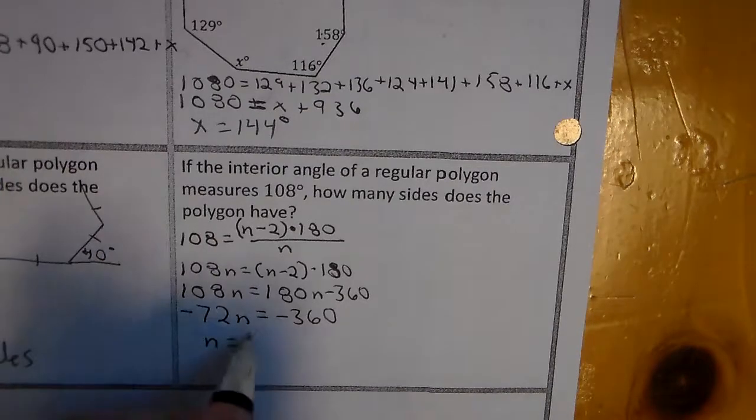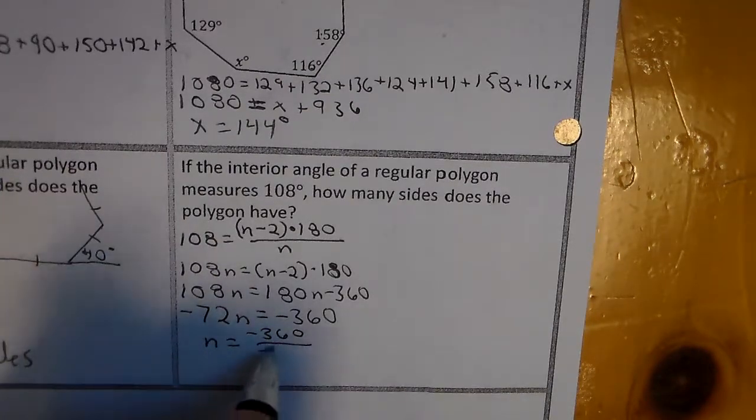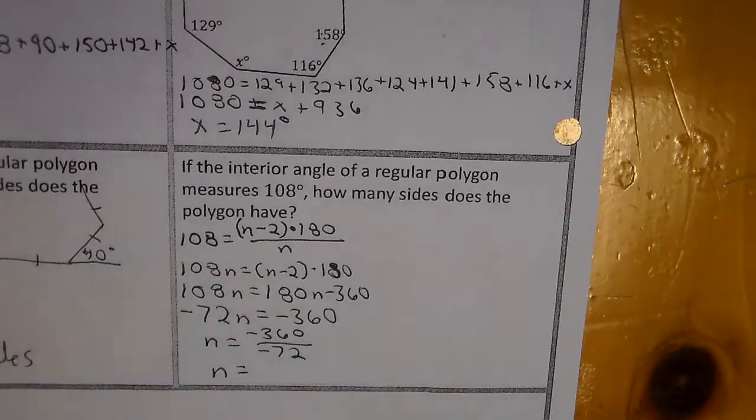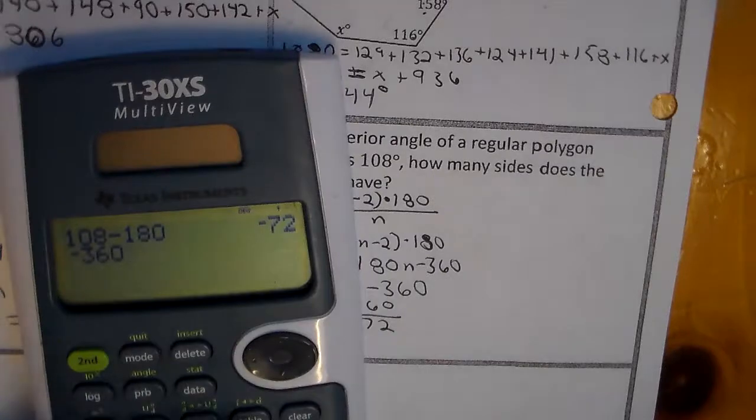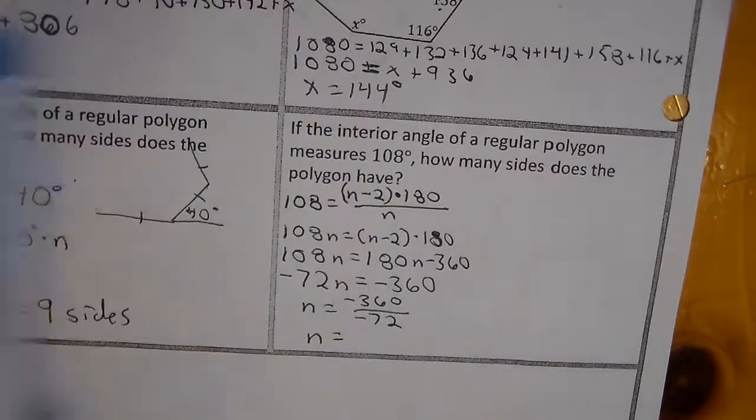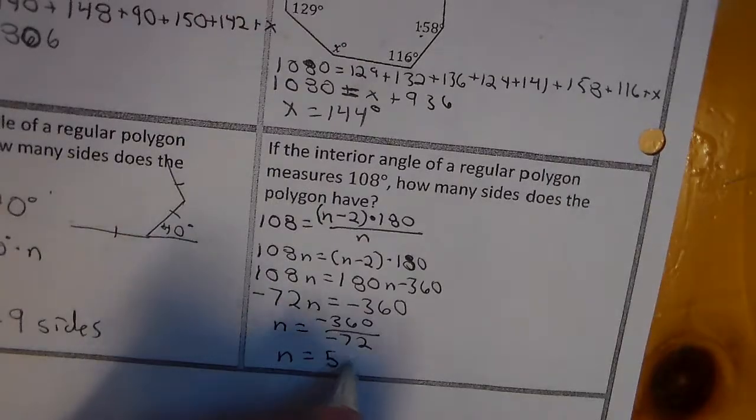So now it's n equals negative 360 over negative 72. So negative 360 divided by negative 72 comes out to be positive 5. So there's 5 sides.